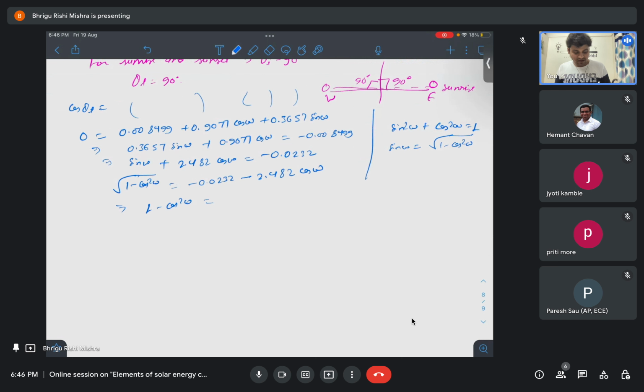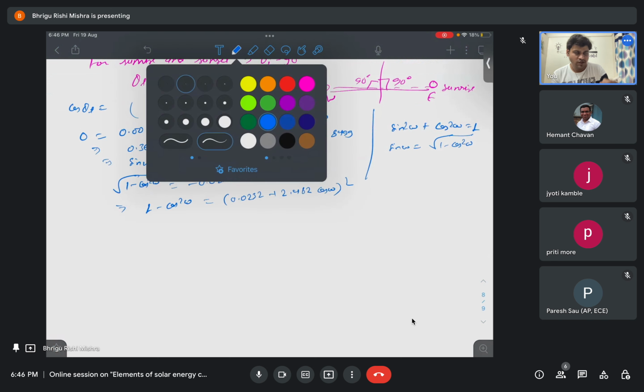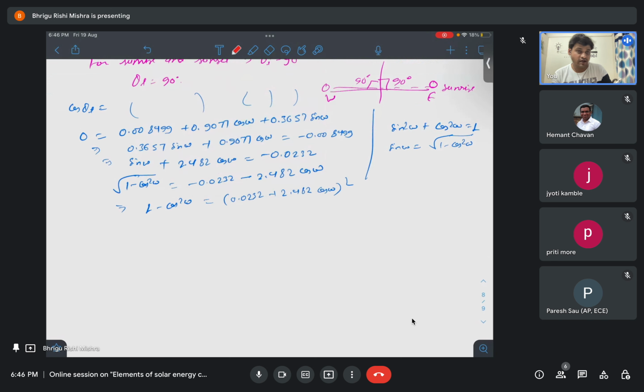I don't need to solve all the things. If you solve, it is 0.0232 plus 2.482 cos omega. I'm writing the final expression because it will take a lot of time to solve this equation. You can solve it, it will be good practice for you.